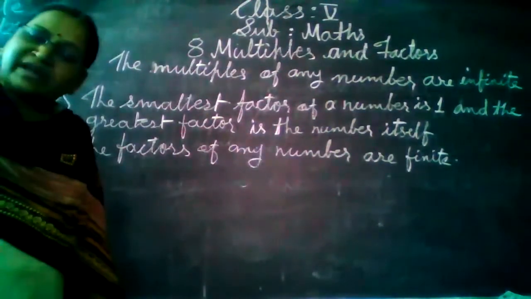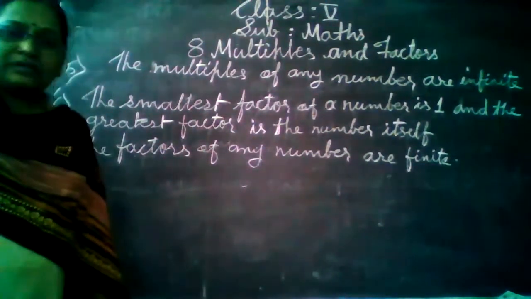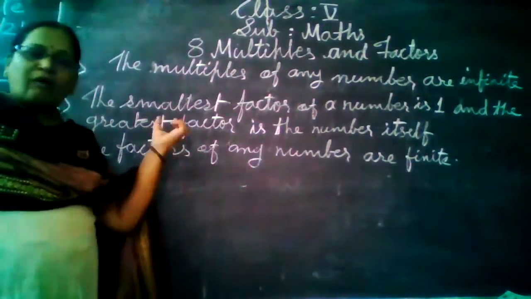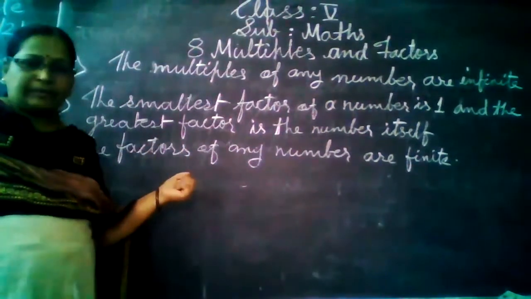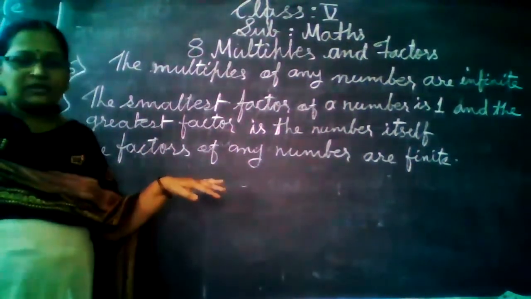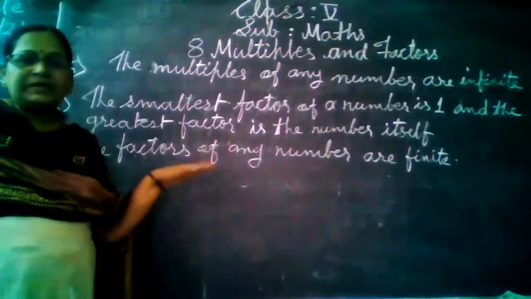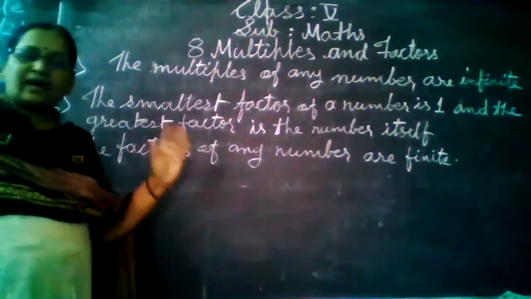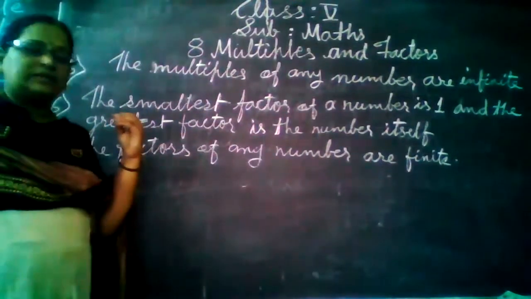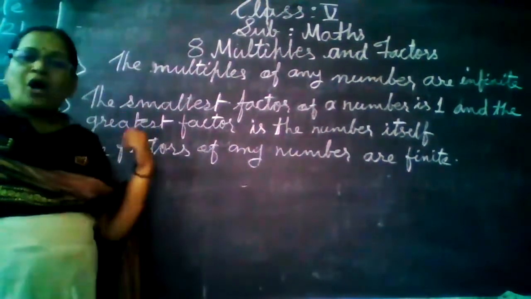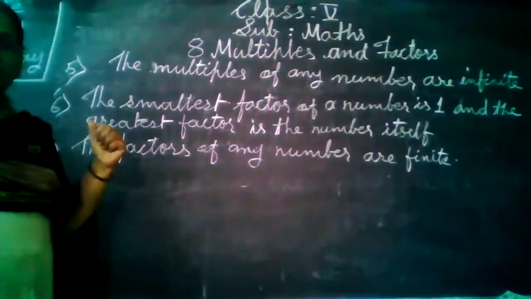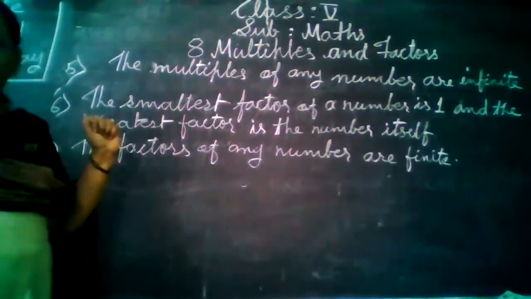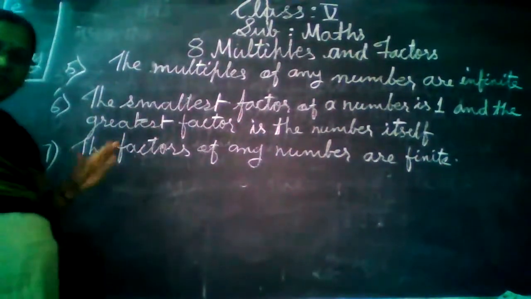So what is the meaning of finite here? Countable. So you can count. Means you can count all the factors of any number. And what about the multiples? Multiples are infinite. You can't write or count all the multiples of any number. But you can count all the factors of any number. So see the difference.